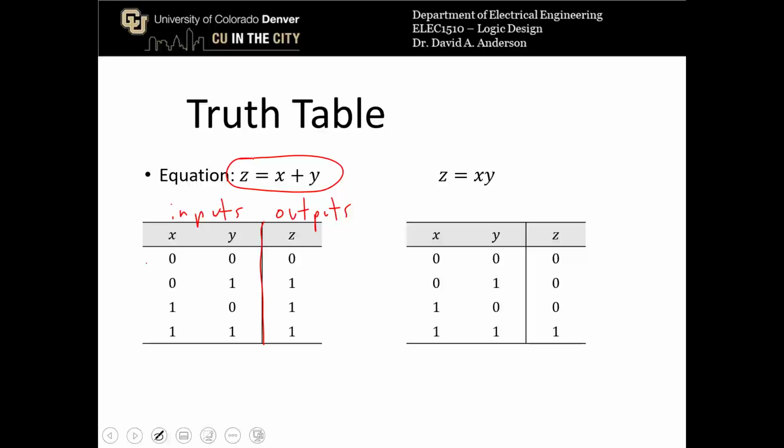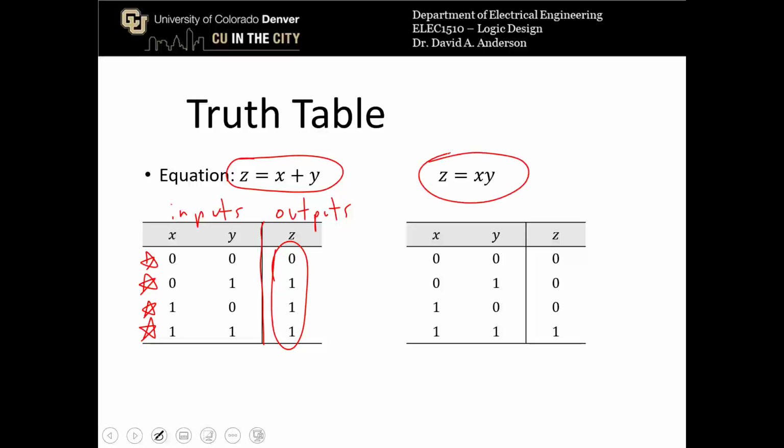That means here x being 0, y being 0, x being 0, y being 1, x being 1, y being 0, and x being 1, y being 1. Those are all of the possible values that those two binary variables can take. And then for the outputs, z is going to be 1 here if either or both of the inputs is a 1. So that's the truth table for that equation.